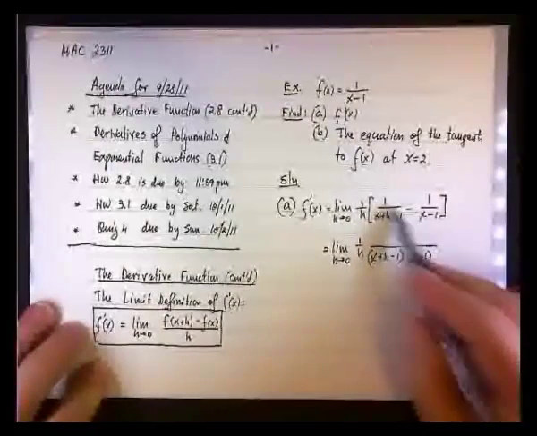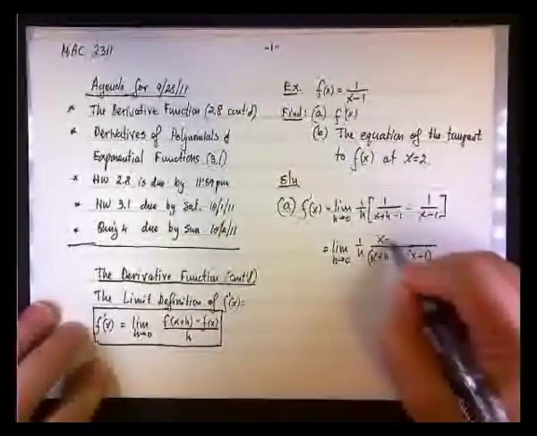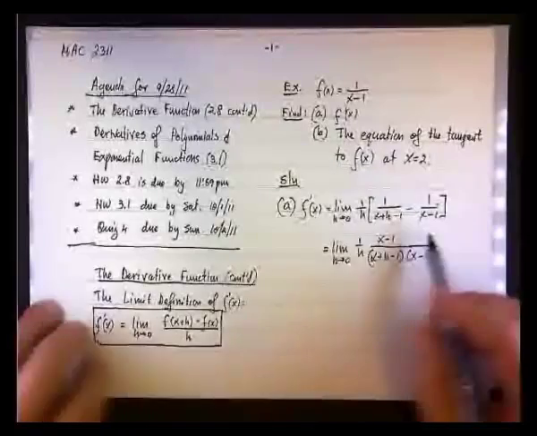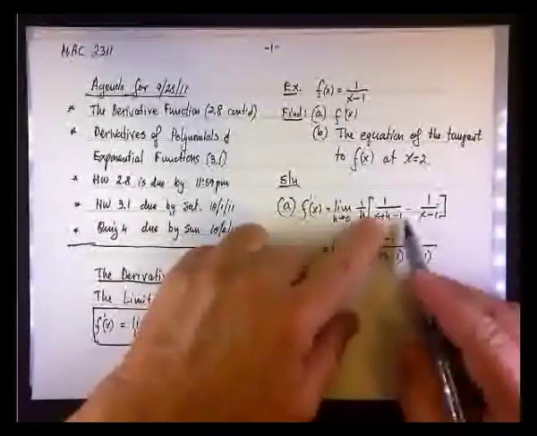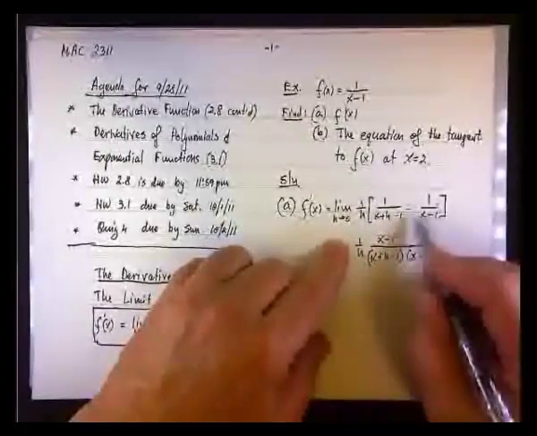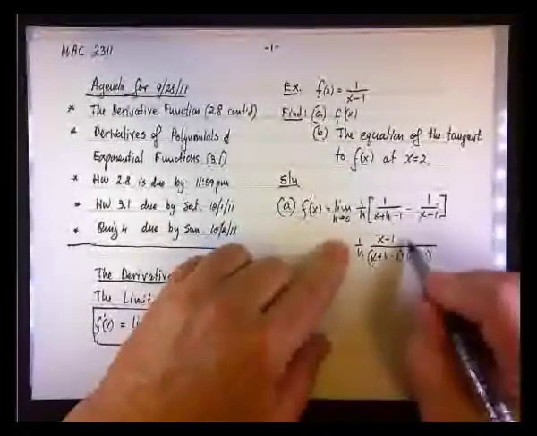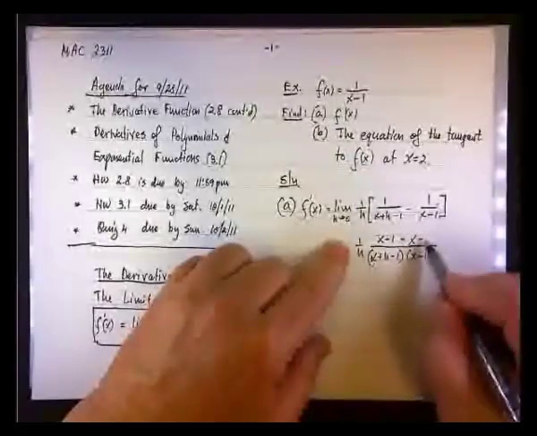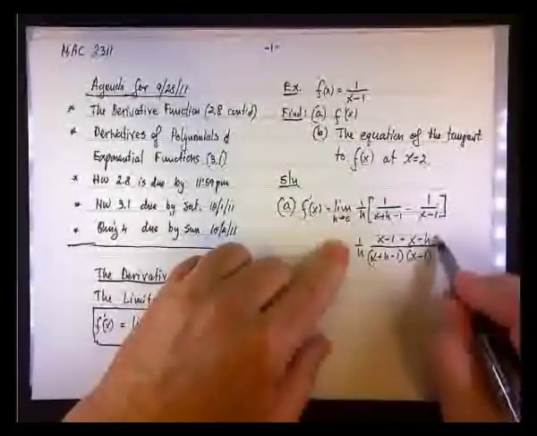The numerator here, 1 times x minus 1, is simply x minus 1, and the numerator here will be negative x plus h minus 1. So I'm going to change the signs because I'm subtracting, right? So it will be negative x minus h and plus 1.